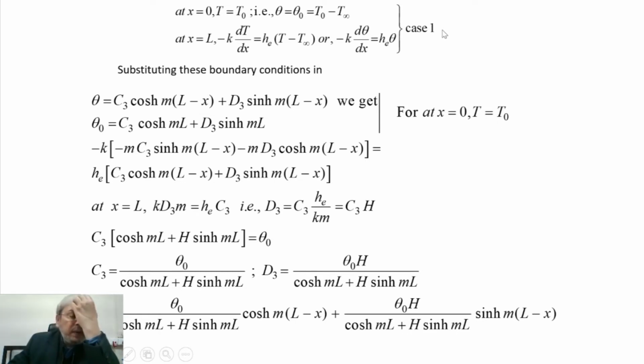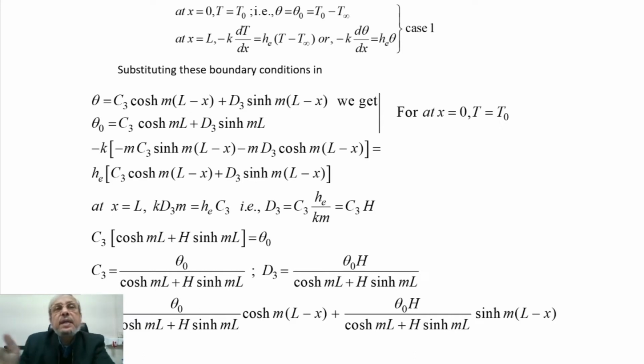Now I have written case 1. This is slightly unfamiliar because in such configuration I have not mentioned. I will mention it later again, that these fins can be considered such fins which are having uniform cross-sectional area throughout. One is basically where the end heat transfer coefficient is defined, and it is convective heat transfer.